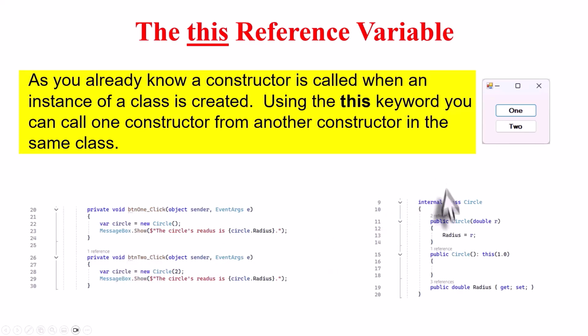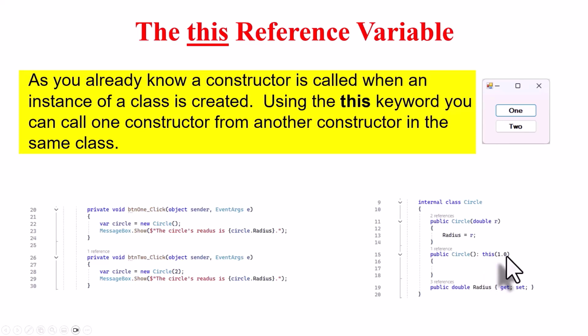If you look at our class, we've got a constructor here that says public Circle(double R) and radius equals R. And we have a second constructor down here which has no parameters, but it has the this(1.0).